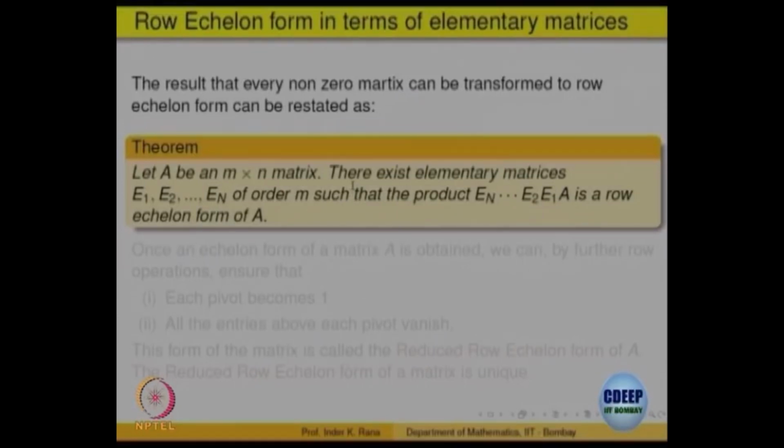So, we have just restated that theorem that every matrix can be reduced to row echelon form by elementary row operations in terms of elementary matrices, right.